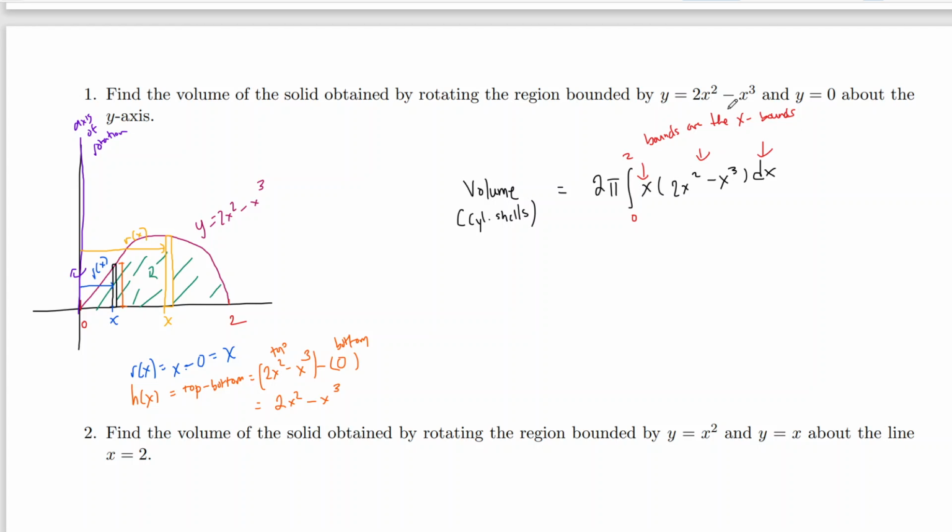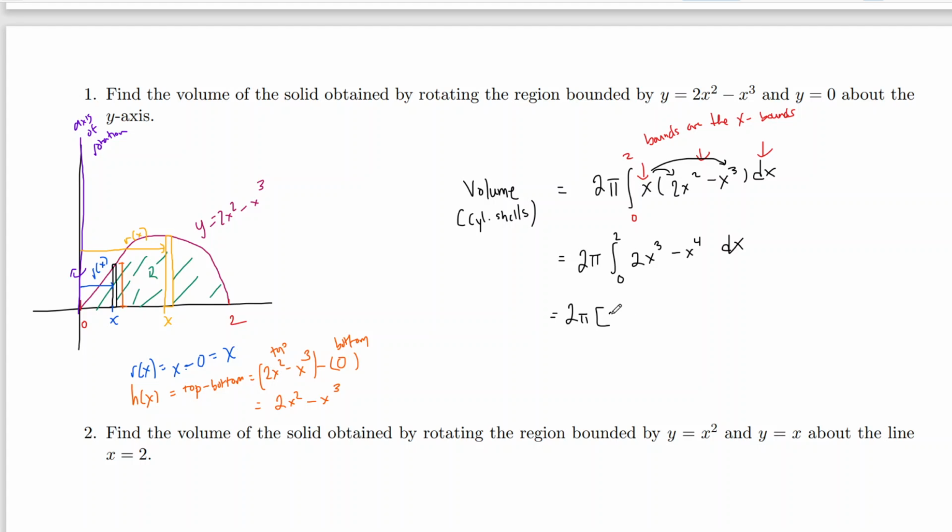All right, so we have everything plugged in, and now at this point, just like with all the previous sections when we started these applications, once you have it set up, you just integrate this. But do we have to simplify a little first? We do. We don't have a multiplication rule, so we have to distribute the x. We get 2x cubed minus x to the fourth dx. But now we can integrate this because we know how to integrate each part.